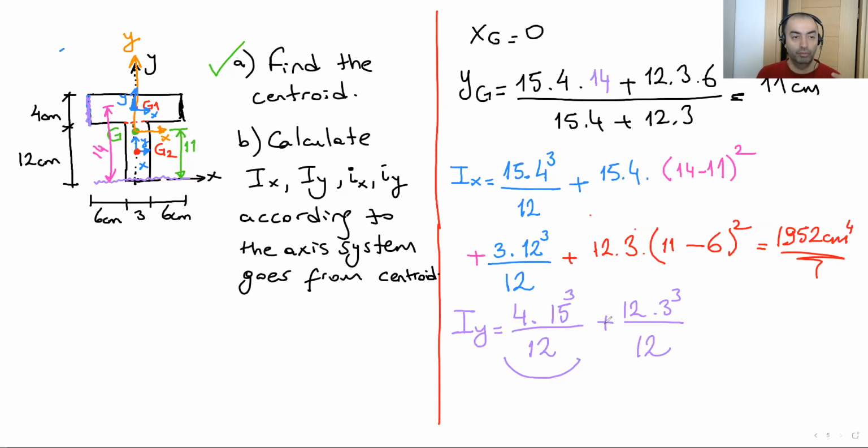Let me check. When we look at the sketch again, for the bottom rectangle, we again have a coinciding y-axis. Our local y-axis coincides with the global one. That's why we don't have to shift anything, because we are on the global y-axis. So this is my total Iy.